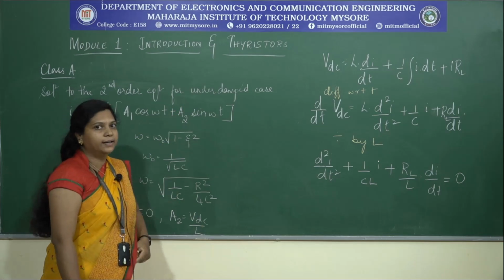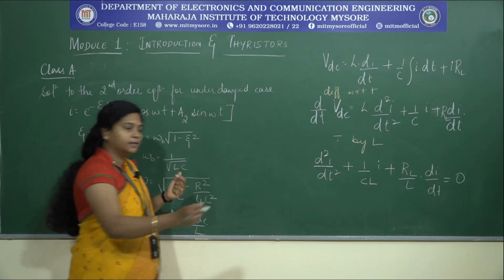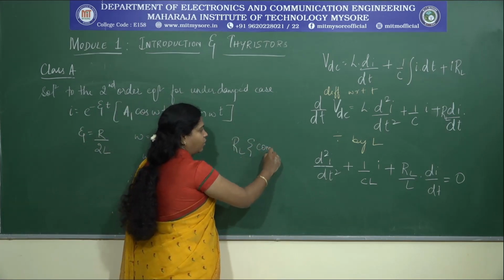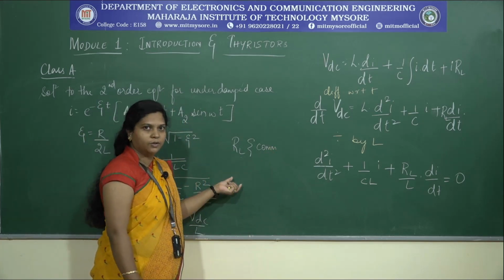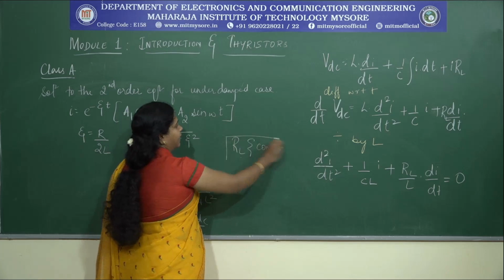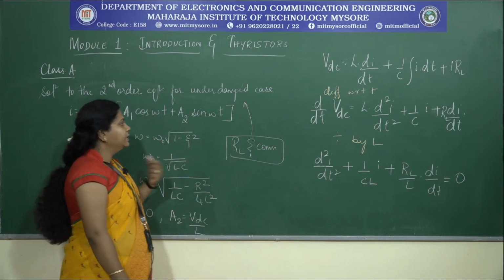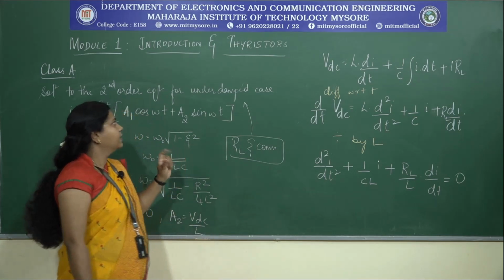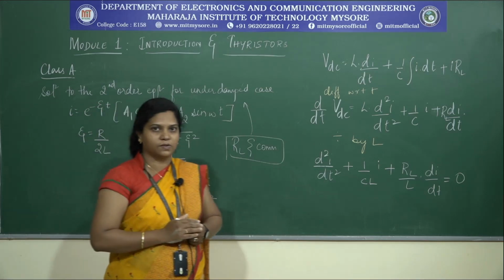Now for an underdamped case. Underdamped case means the load resistance and the commutating components together form an underdamped system. Damping is nothing but the oscillations that you are going to come across.